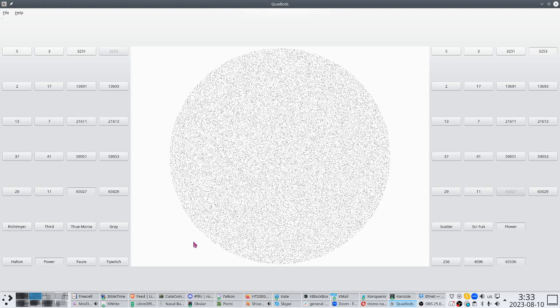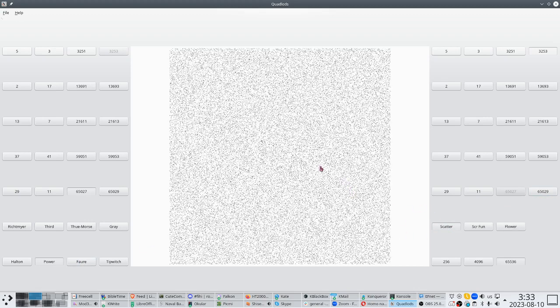Thus, 2 large primes, power scrambled, do not fill space better than random numbers would, which defeats the purpose of using a low discrepancy sequence. And this is what the scatter plot looks like.